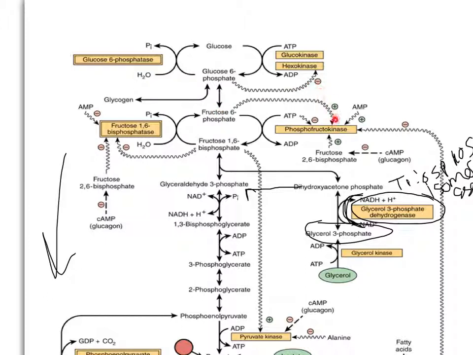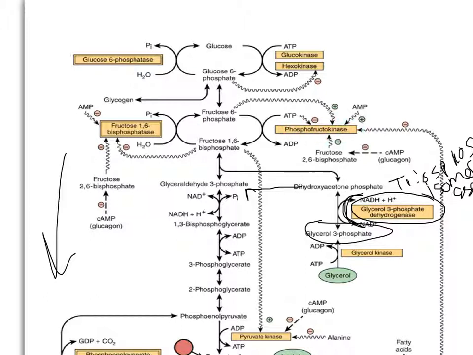Whenever fructose 6-phosphate is at a high concentration, it increases phosphofructokinase, whereas a high concentration of ATP will stop the phosphofructokinase. So if the cell has plenty of energy and doesn't need to make any more, it doesn't want to go down through the glycolysis pathway.